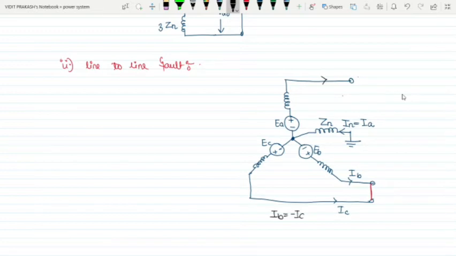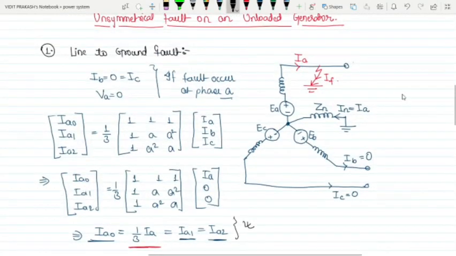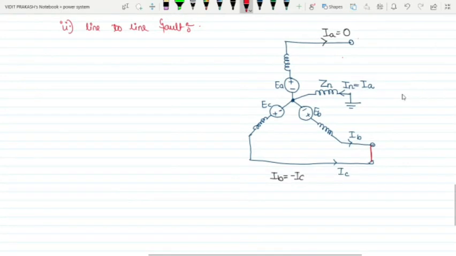What about IA? Since fault occurs at B and C, this current will be equal to 0, right? And there is no return path for ground. If fault occurs at phase A, there is a return path. You can see here, there is a return path. So the neutral section will carry current IA, but here there is no return path. So IN will be equal to 0, right?